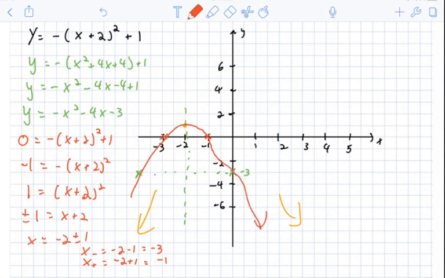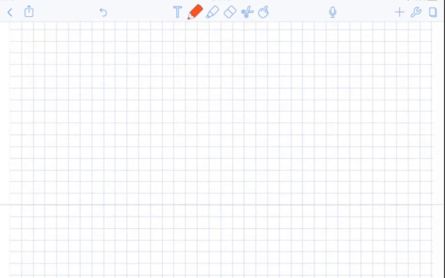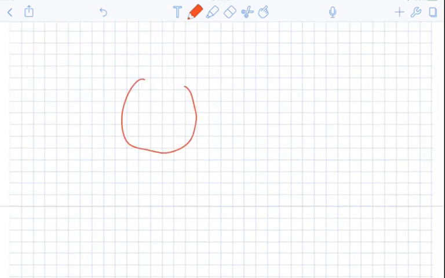Any questions? All right. Well, that's it. The deal here is that you spent so much time learning to go from the general form to the standard form to the factored form.